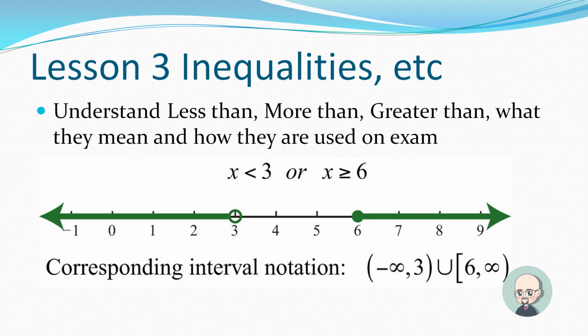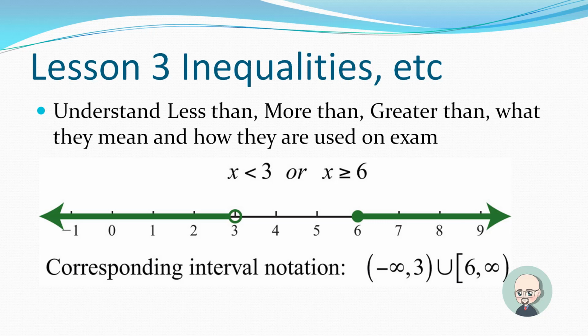So x is less than 3, or x is greater than or equal to 6 is graphed below. Now what that means is x is less than 3. You see how there's a dot, but it's not filled in.